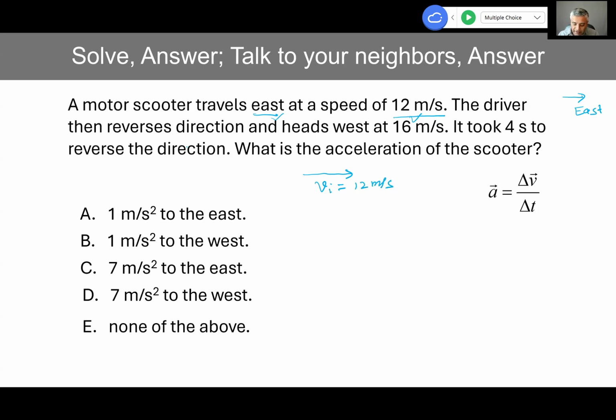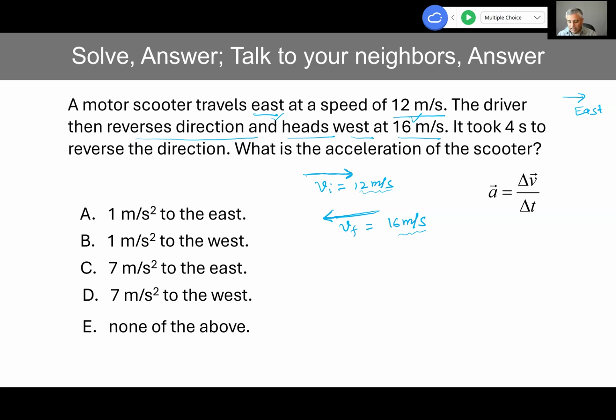And how about the final? It reverses direction and heads west at 16 meters per second. So that means it's reversing direction, it's going that way. So Vf is 16 meters per second. And remember, these are just values, 12 meters per second, 16 meters per second. How about direction? The line with the arrow gives you the direction.